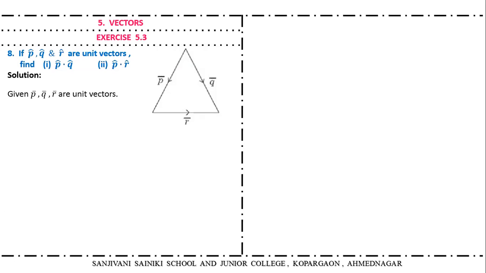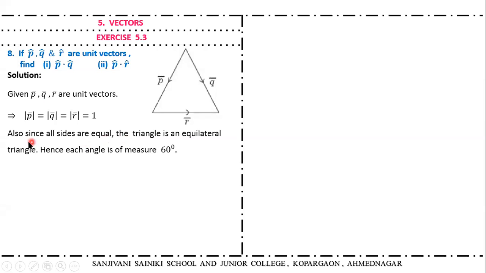Now as P cap, Q cap, R cap are unit vectors, we get the information that their magnitude is 1. Modulus of P bar, modulus of Q bar, modulus of R bar must be equal to 1 because they are unit vectors.